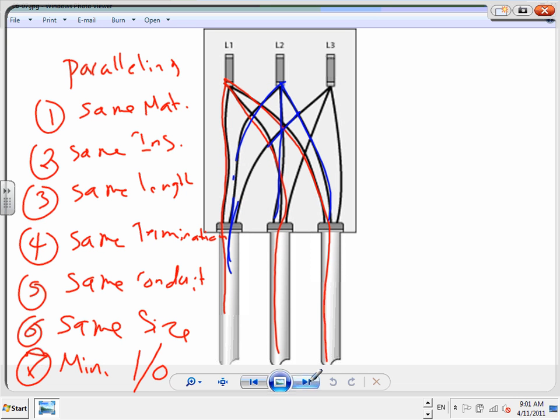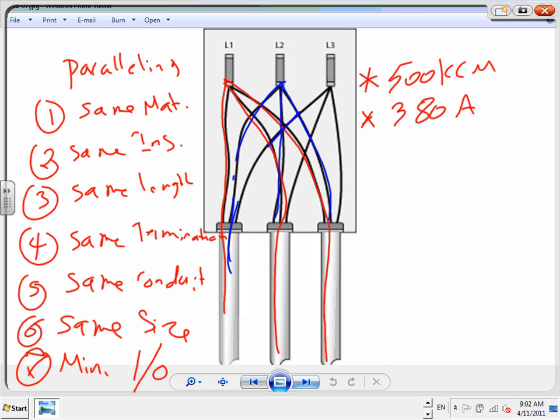When you parallel, my rule of thumb, please, rule of thumb: when do you start paralleling? My rule of thumb is always after you hit 500 kcmil. If you can carry things up to 500 kcmil, that will give you amp-wise 380 amps. If you can carry things up to 380 amps, 500 kcmil, good. Anything higher than this, start paralleling.